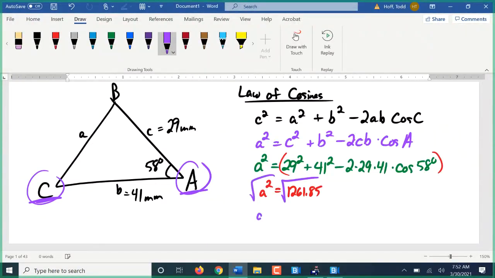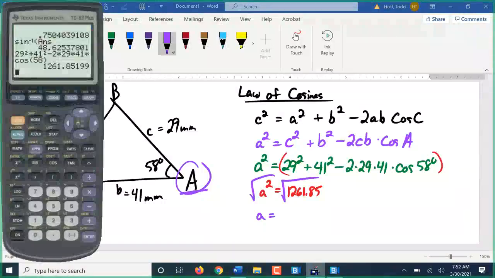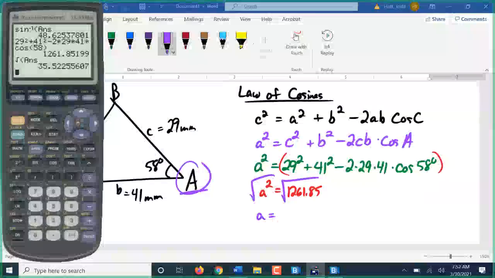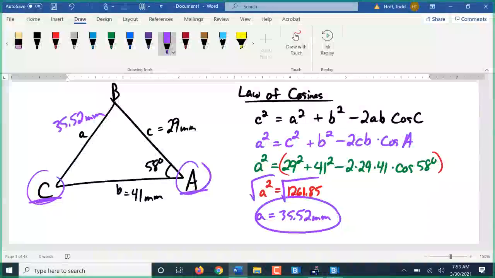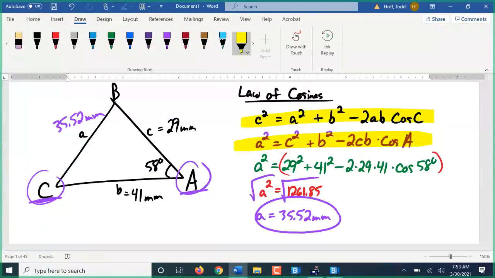I take the square root to get A. Second square root, second answer: 35.52. That is in millimeters. Well, the key there was to just adjust my formula, trading the letters where appropriate to get the formula that is correct for the situation that I'm doing.